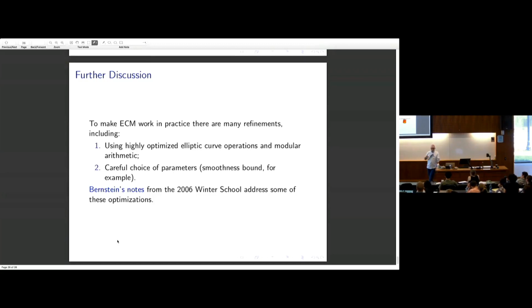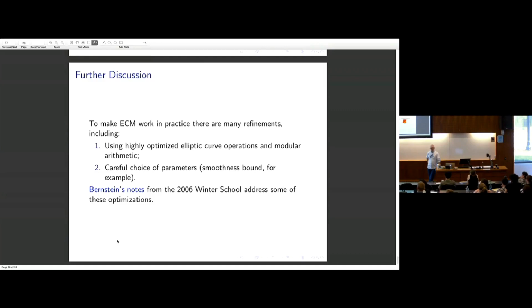Now, I should say, no matter how thorough you are, there is still a limit to where you're going to get with the elliptic curve method. The really huge factorizations that you may hear about periodically, numbers in the multiple hundreds of digits, are not accessible by the elliptic curve method.